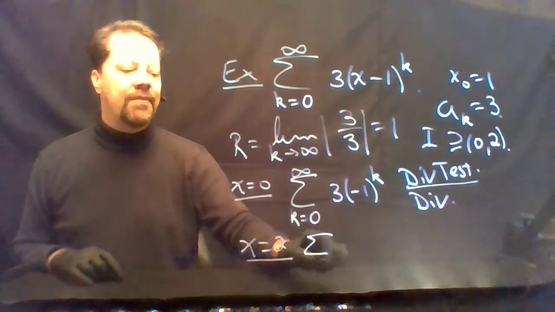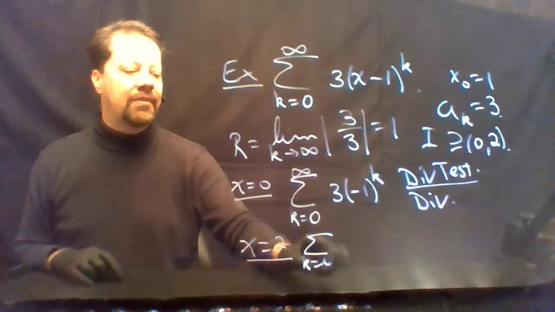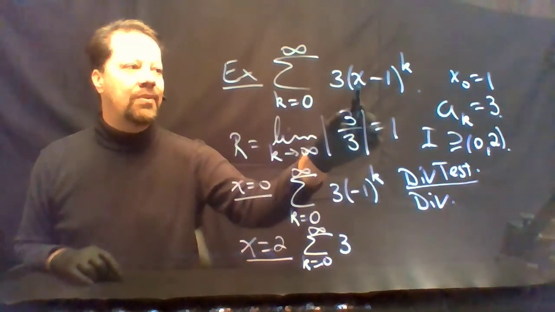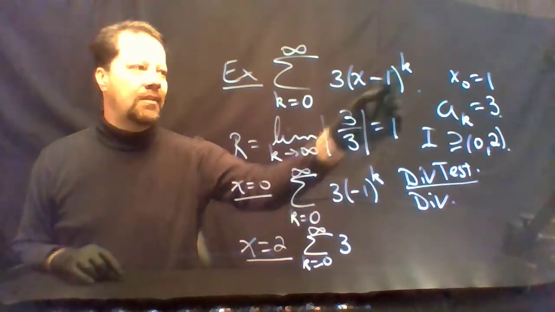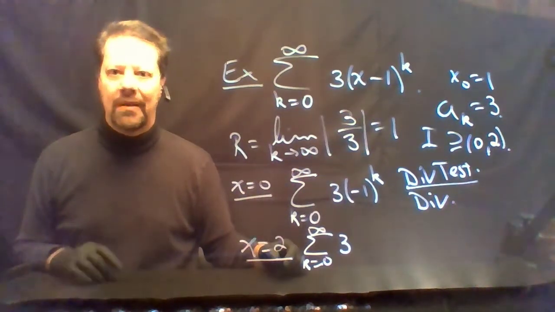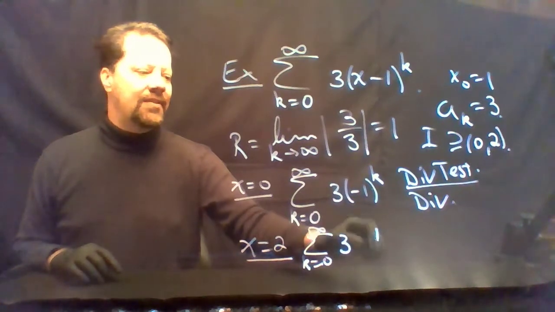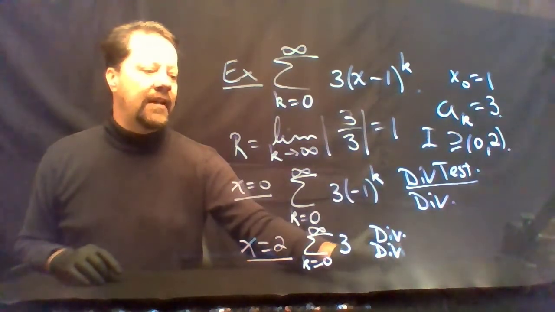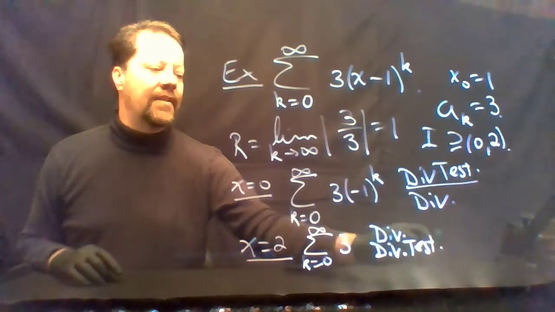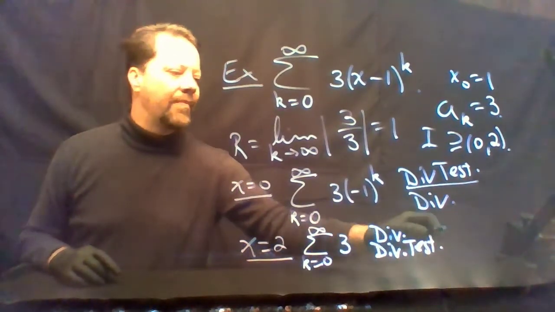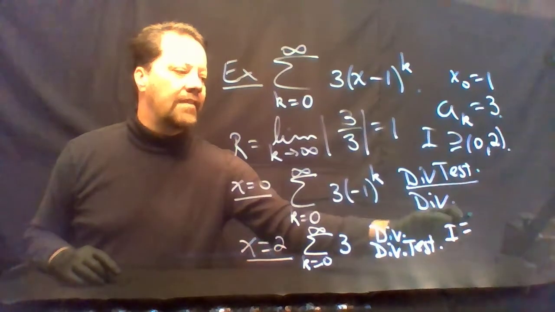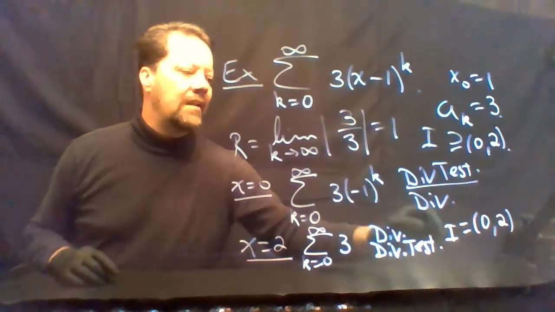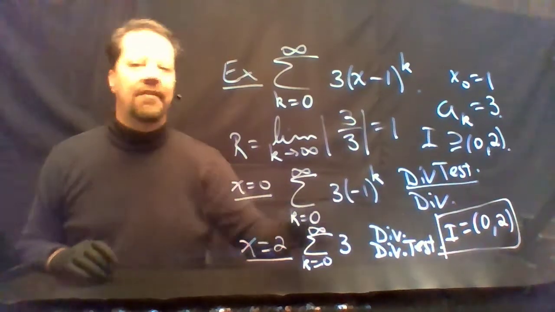The same is going to be true at x equals 2. Because when x is 2, 2 minus 1 is 1. 1 to the power k is 1. So this also diverges by the divergence test. The terms simply don't go to 0. We deduce then that the interval of convergence is everything from 0 to 2, not including either of the endpoints.